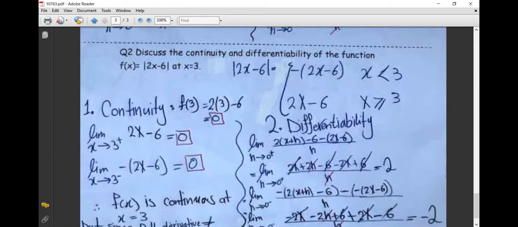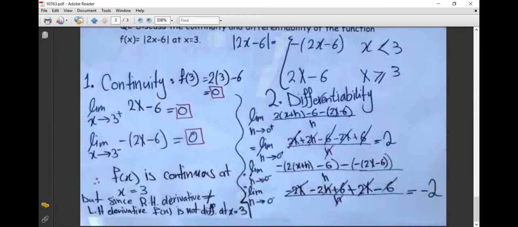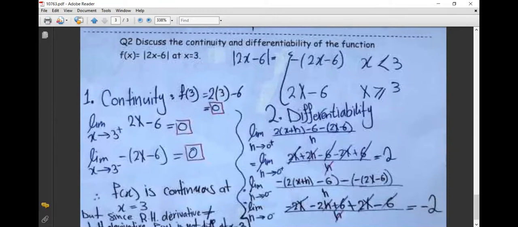So on 3 it will be 0, right? 0 is valid. Now 3 plus 0, where will you put it? You put it in this 2x minus 3. Shouldn't it be the second one, since 3 plus is greater than 3?